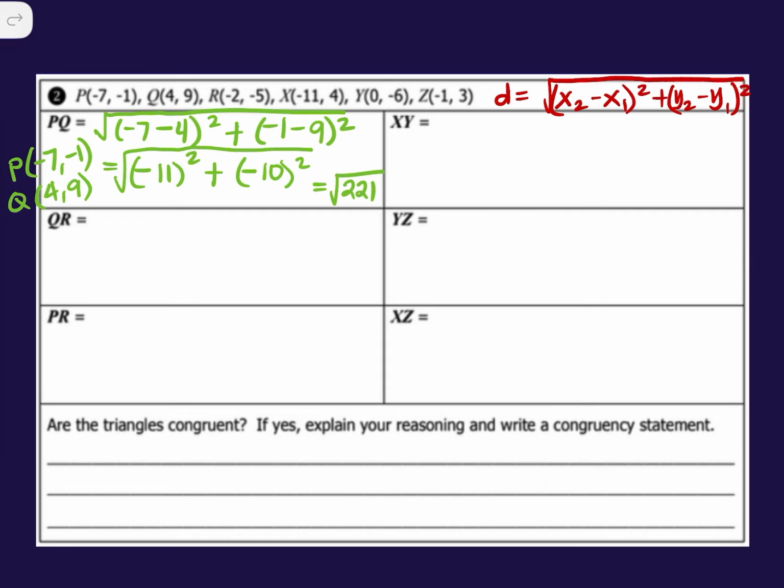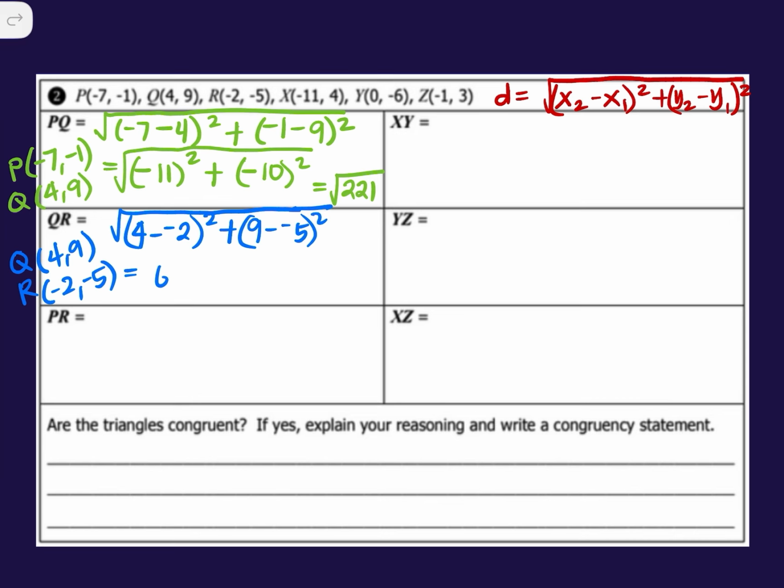All right, moving on to the next one, we're going to find the distance from Q to R. Q with coordinates 4 and 9, and R is -2 and -5. So 4 minus -2 plus 9 minus -5.